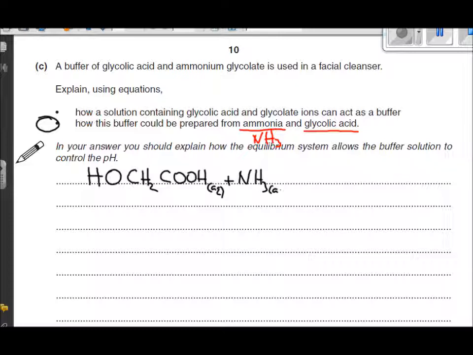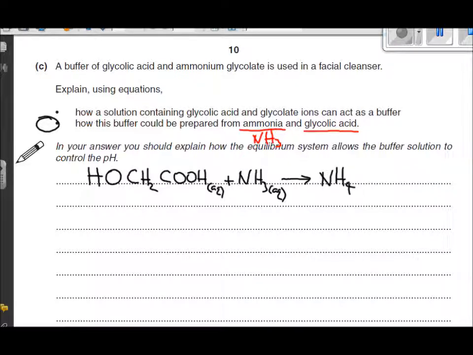Now, ammonia acts as a base, and the glycolic acid is a weak acid. So the weak acid donates a proton, and that proton is accepted by the ammonia. So we form an ammonium salt, ammonium glycolate, which will have the formula NH4.